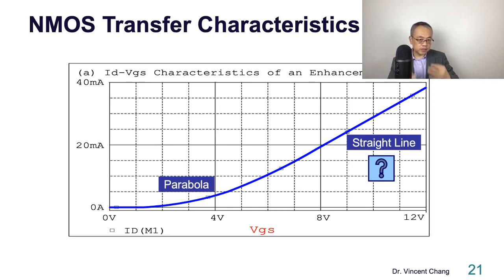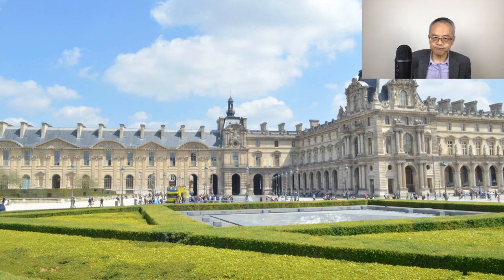So the reconciliation between the simulation and the hand analysis is always our teaching objective, right? So 5 minutes to think about why the parabola, ID versus VGS, turns into a straight line. So let's pause for 5 minutes.